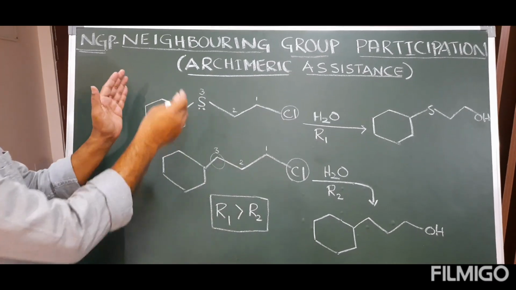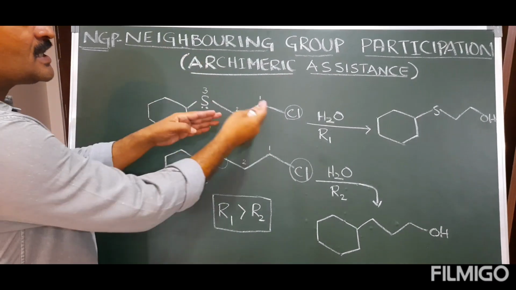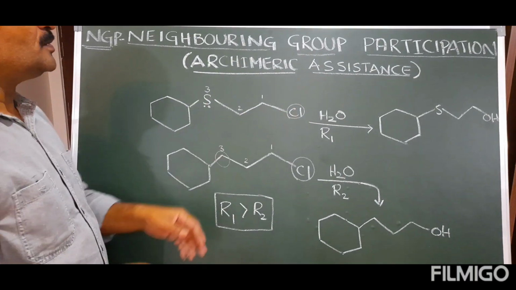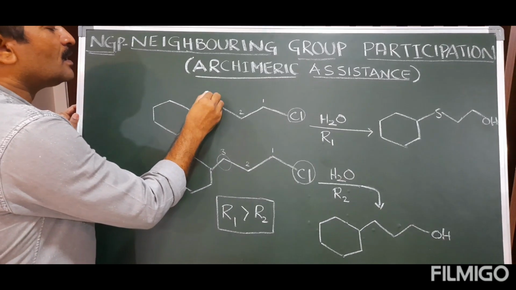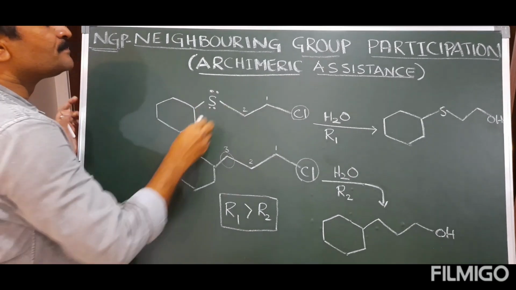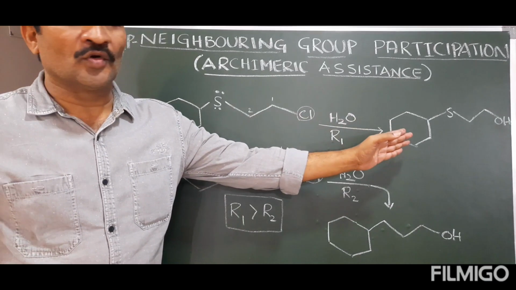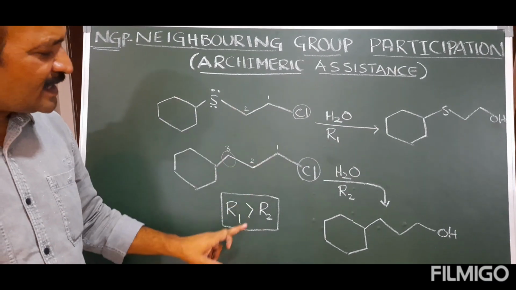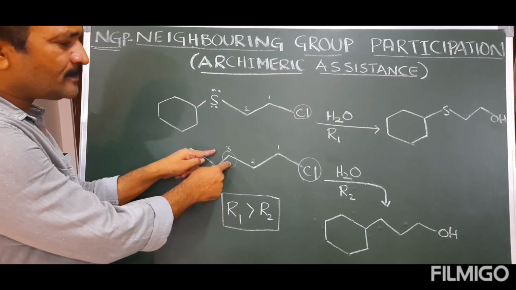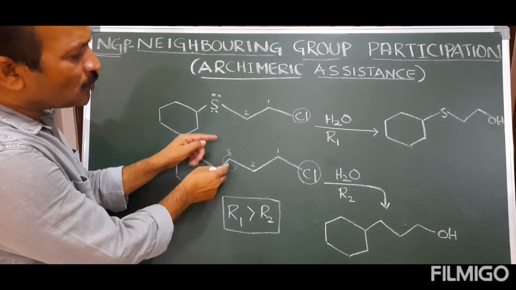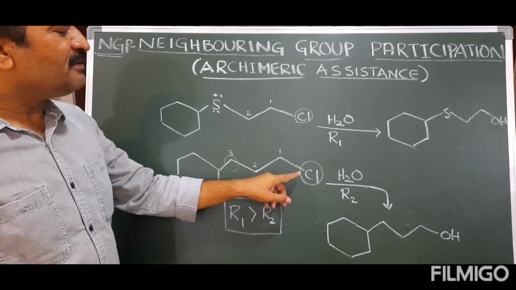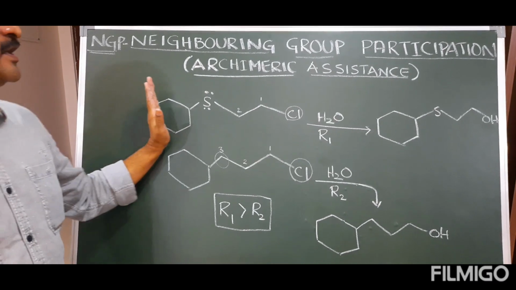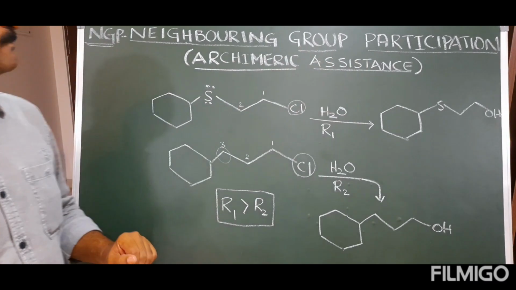A group present neighboring to the leaving group will activate the rate of the reaction. So here the rate will be more. That's why R1 is greater than R2. In the other molecule there is no such lone pair or group to influence the leaving group, but it is there in this molecule, so here the rate will be more.